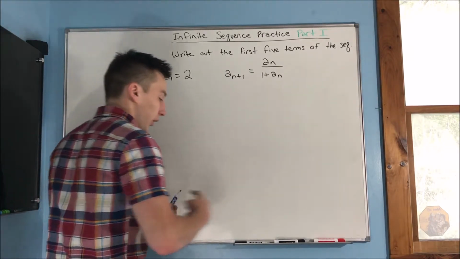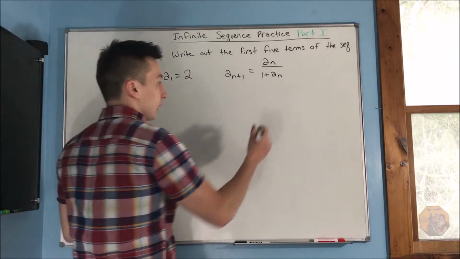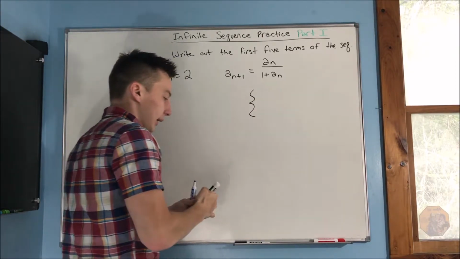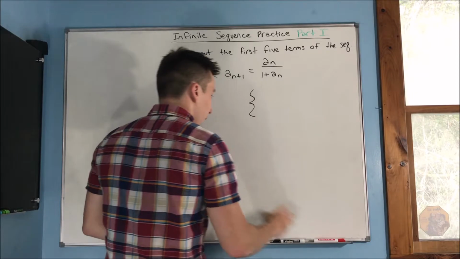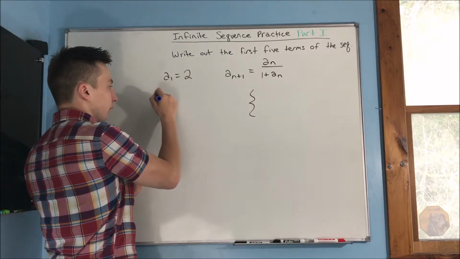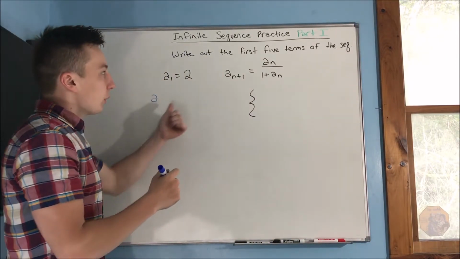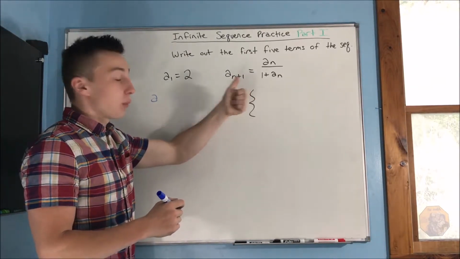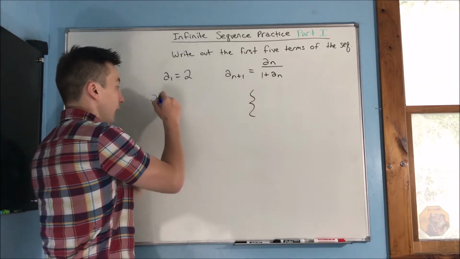So you start off, I'll write our bracket over here. Didn't leave myself enough room. But for a sub 1, we know that's 2. So if we plug in a 1 for n here, that's going to be 1 plus 1, and that gives us our second term, a sub 2.